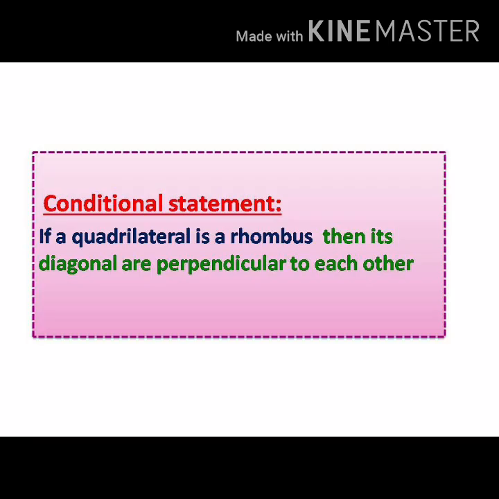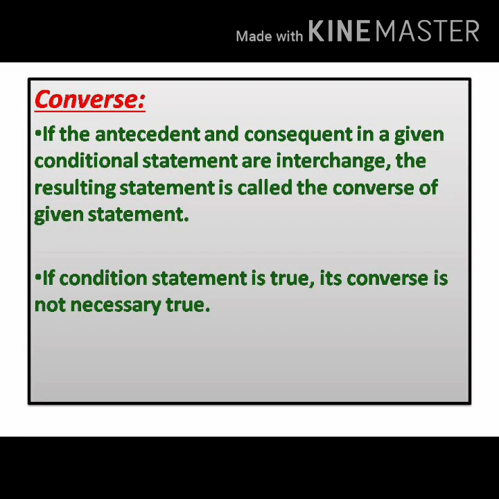The part following "then" is the consequent, highlighted in green. Students, in a given conditional statement, if the antecedent and consequent are interchanged, the resulting statement is called the converse of the given statement. In maths, the converse of a statement may or may not be true.